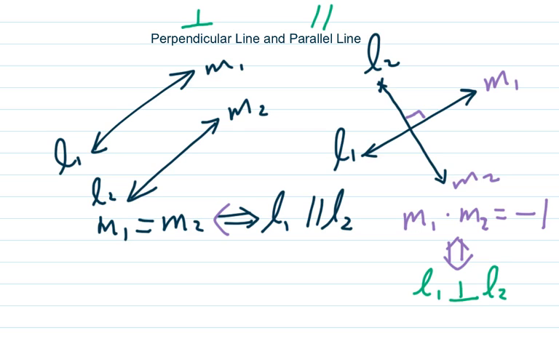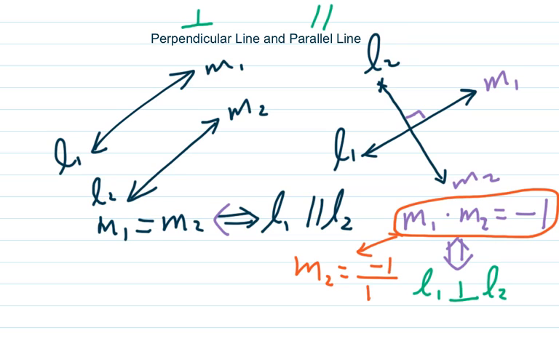If slope 1 times slope 2 equals -1, I can get slope 2 equals -1 over m1. For parallel lines, we have equal slopes. Then it's really easy.